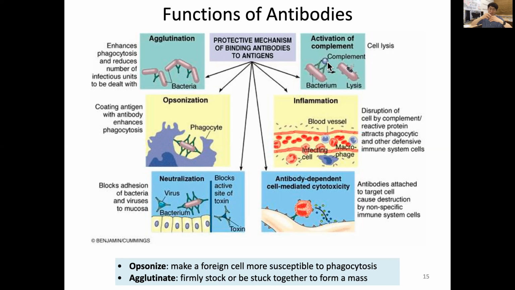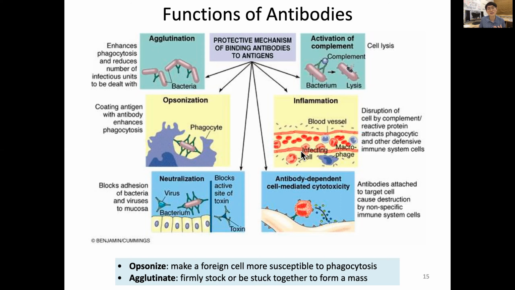They basically get into the bacterial cell wall and make a pore so that it ruptures and lyses the bacterium. So that's what antibody does to activate this complement system. And this lysis makes the internal content of the bacteria rupture and come out, so that it causes inflammation. This triggers our immune cells to be activated and causes inflammation.